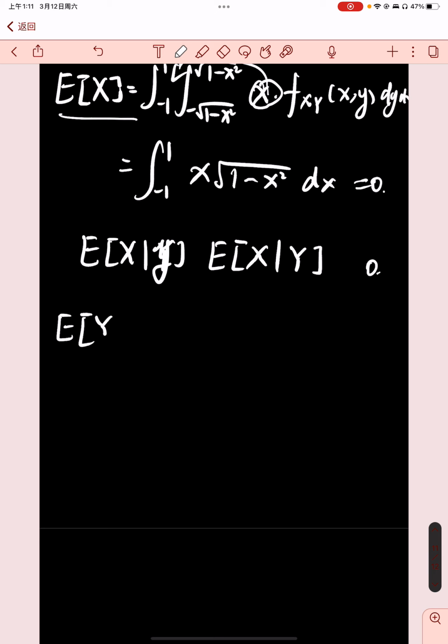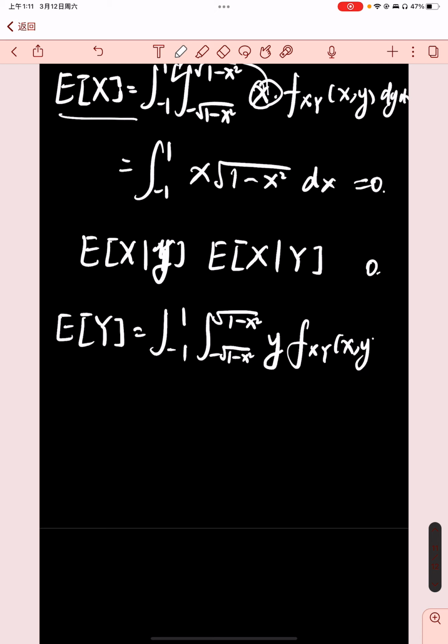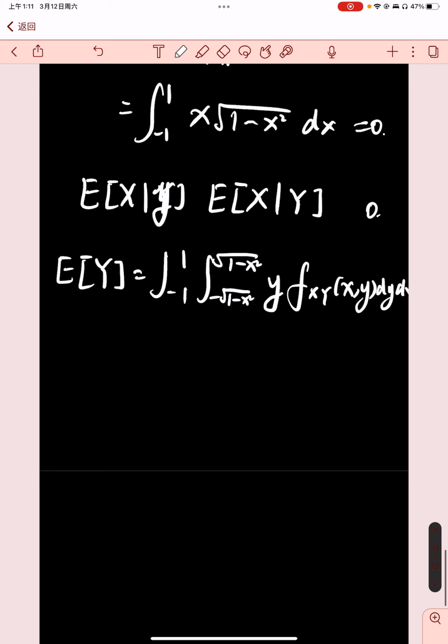For E[Y], the expected value of y, we do it the same way, but this time we know this one, so y times f of x y, and we take the pi out, and the inside part.